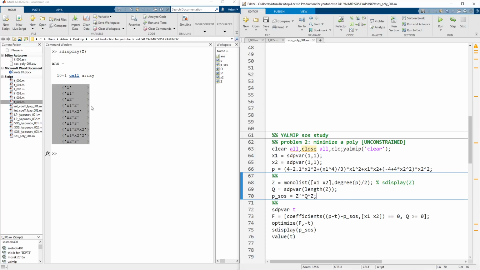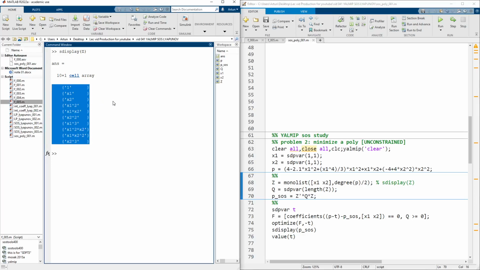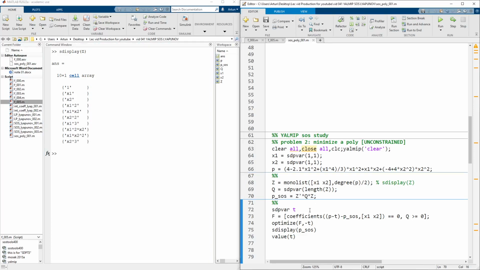Okay, again these are the monomial terms. And again I call it gamma, but of course you can call it t.